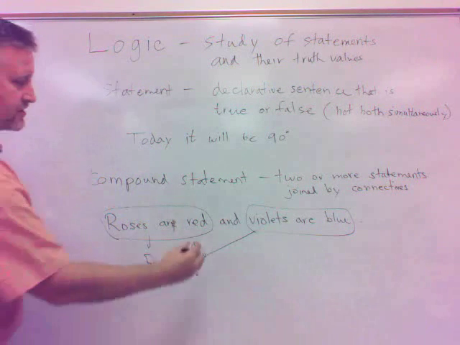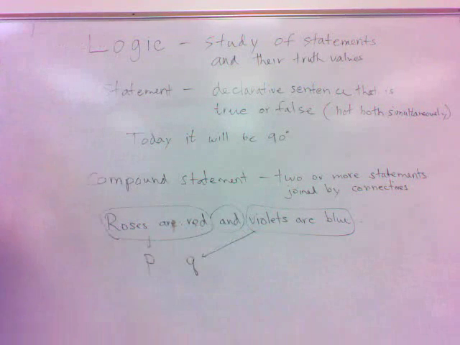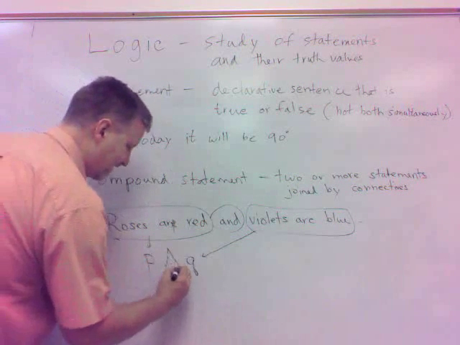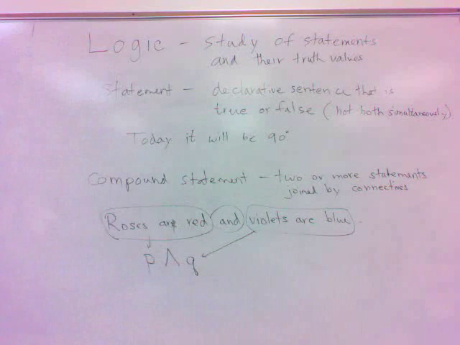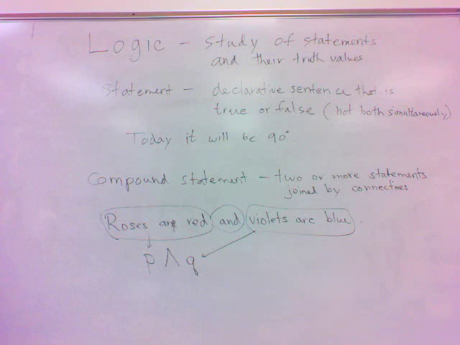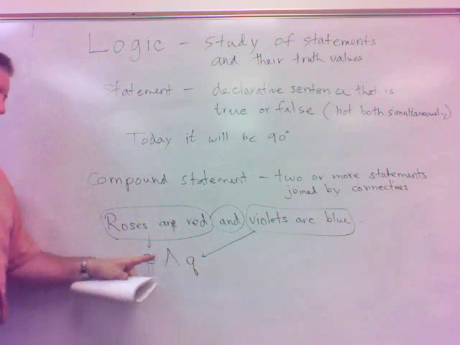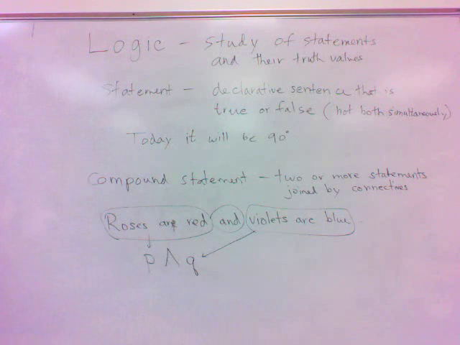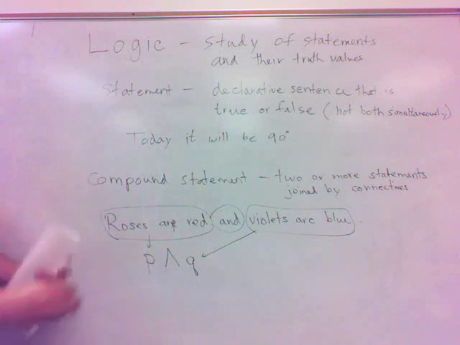And then the "and" statement is represented by this symbol. It looks like the tip of an arrow, maybe. That's going to be the "and". It kind of looks like a capital letter A without the little bar.